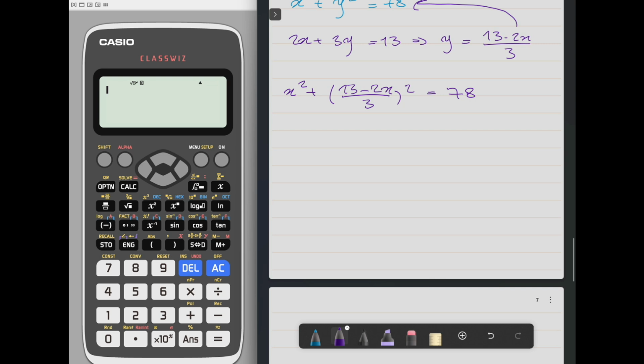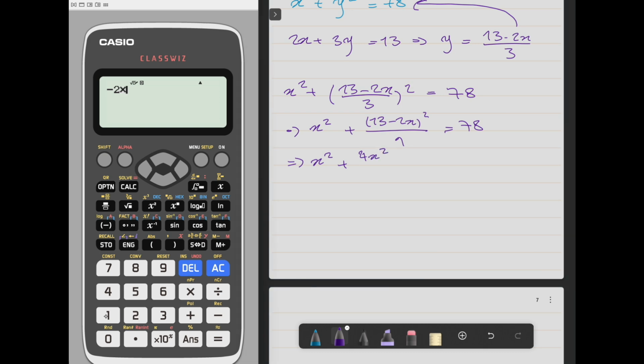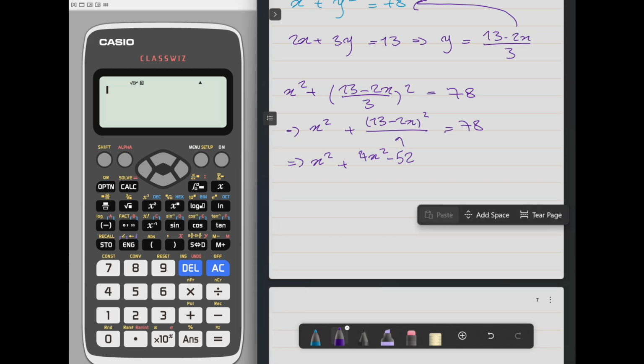So it will be x squared plus (13 minus 2x) squared over 9 equal to 78, which is going to be x squared plus (4x squared minus 52x plus 169) over 9 equal to 78.